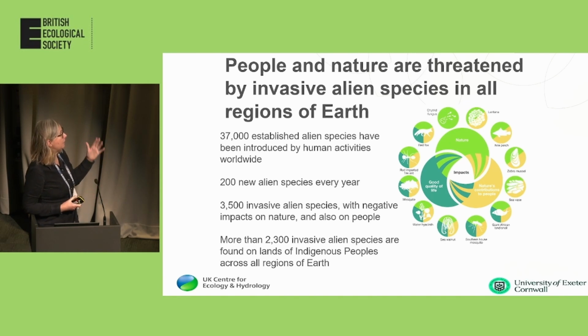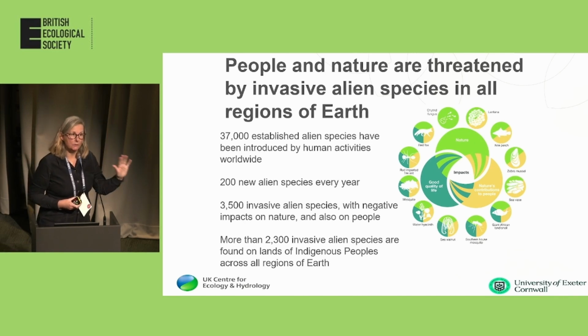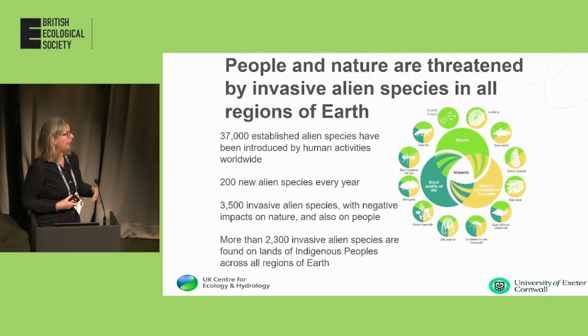It's about 37,000 established alien species globally, 200 new alien species arriving every year. About 3,500 of these 37,000 have documented evidence of negative impacts that then defines them as being an invasive alien species.